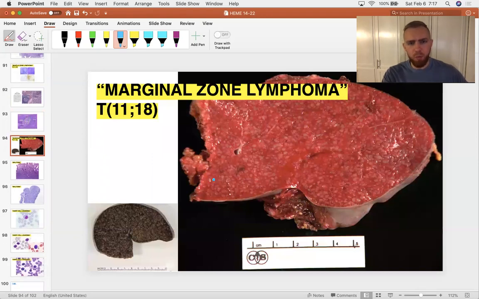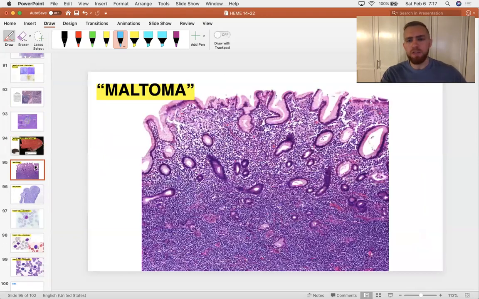Here's your spleen with a marginal zone lymphoma. Here's a maltoma, lots of lymphocytes in the gastric mucosa. You know you're looking at the stomach when you see these epithelial cells that kind of look like inflated balloons. They're very, very pink, and those epithelial cells make a lot of mucus, right, under the influence of prostaglandin.